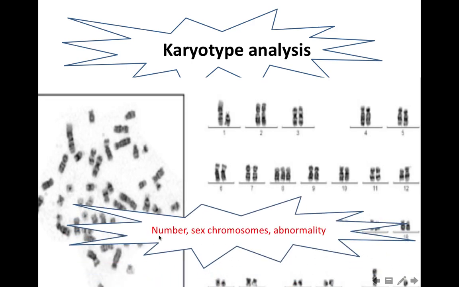The description according to the International System of Cytogenetic Nomenclature starts with the number, comma, sex chromosomes present, comma, and abnormality present. And when we have 2 abnormalities, we start with the numerical abnormality first, followed by the structural abnormality. So let's have a go.